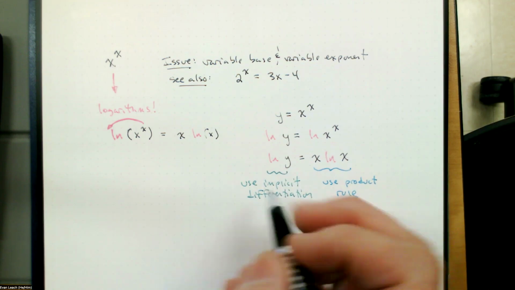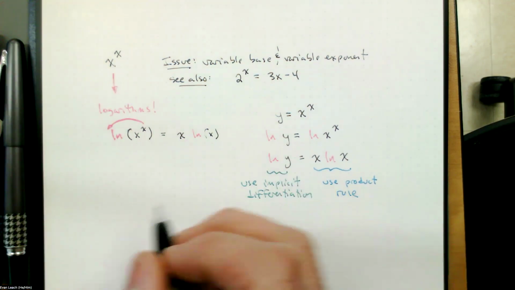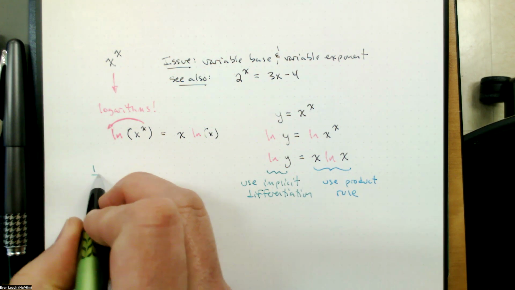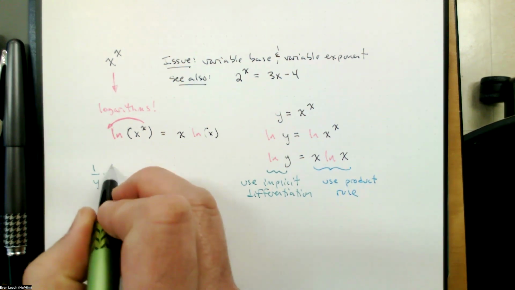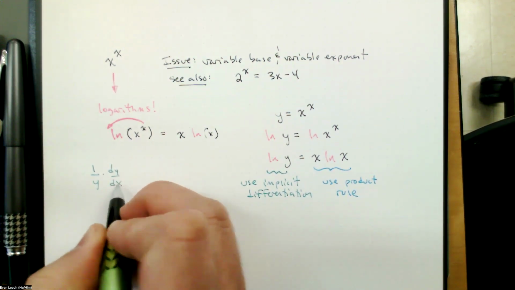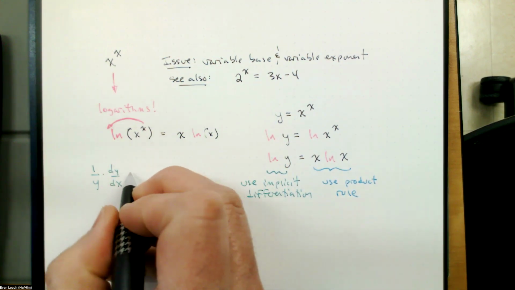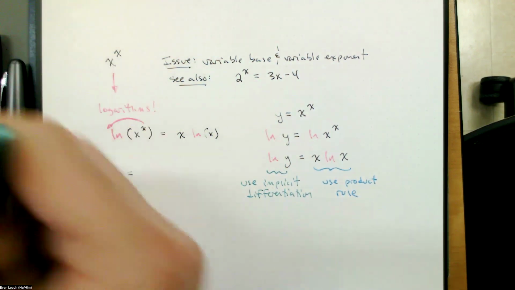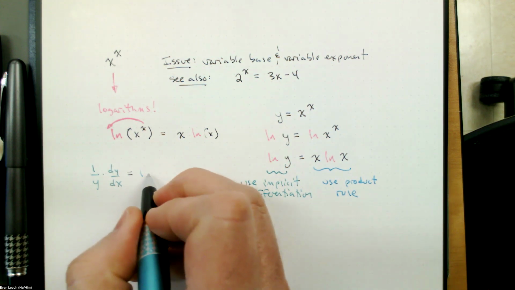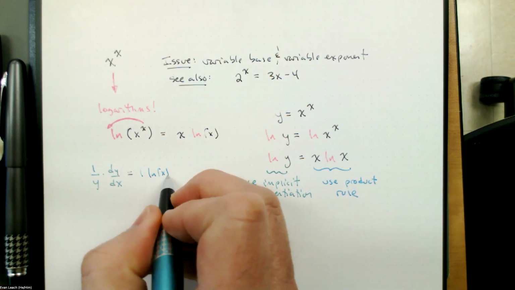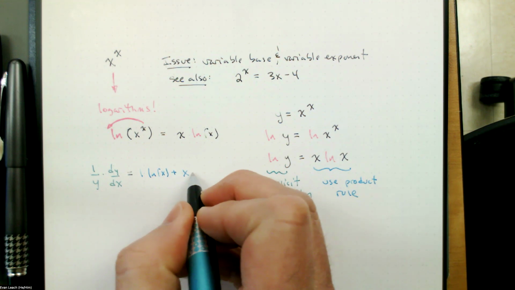So on the left side, we're going to use implicit differentiation. The derivative of the natural log of something is 1 over that thing times the derivative of that thing. On the right side, we're going to use the product rule, which says take the derivative of the first times the second plus the first times the derivative of the second.